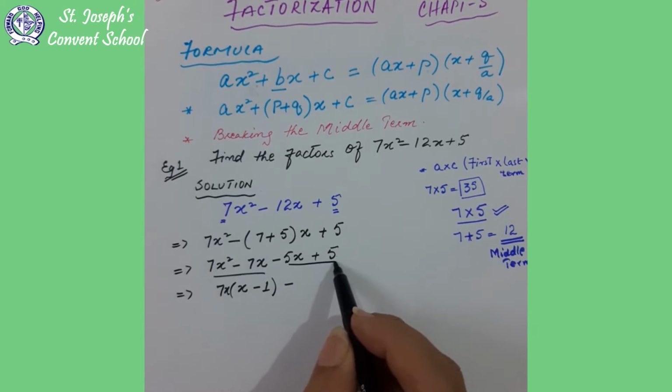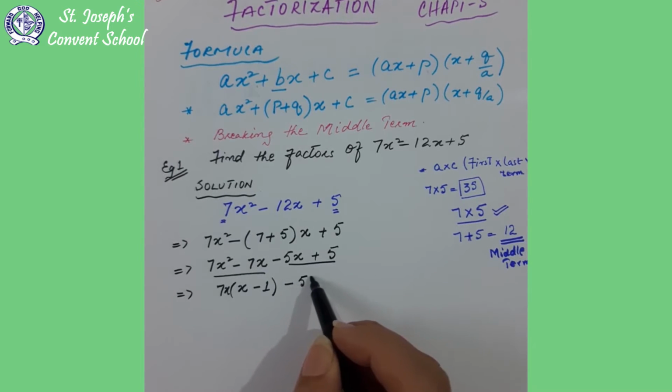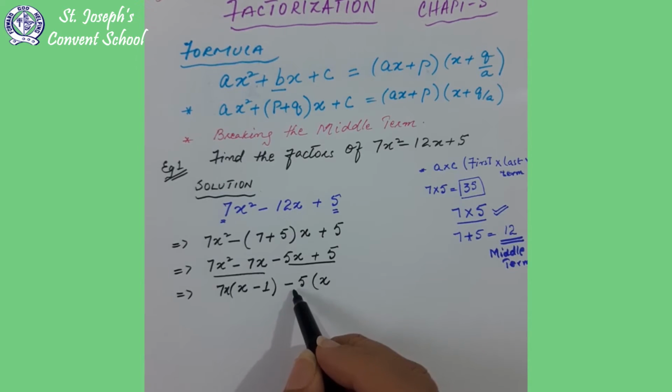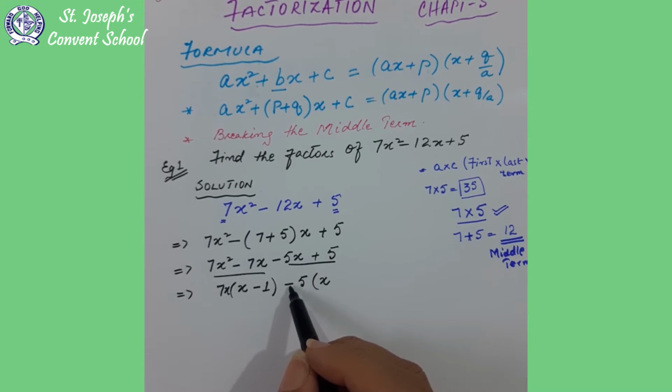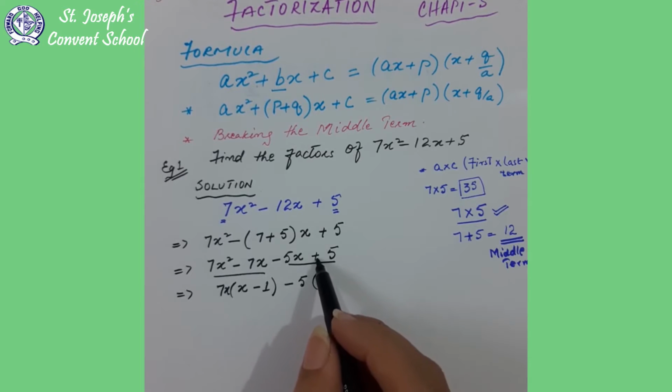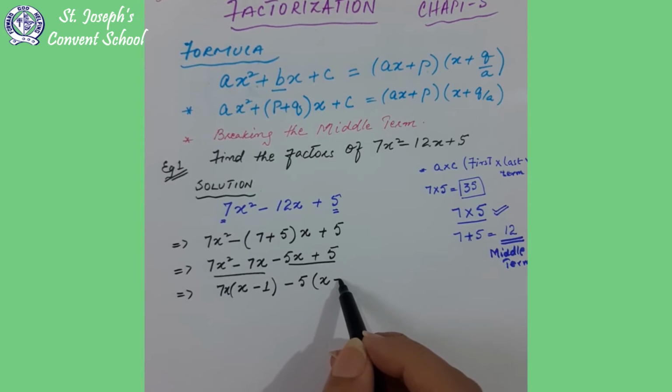Minus, common from these two is 5, remaining terms x. Now when minus sign is outside, inside the bracket you will change this sign, you will write opposite sign. Minus outside, so inside you will write opposite of plus, minus. 5 ones are 5.